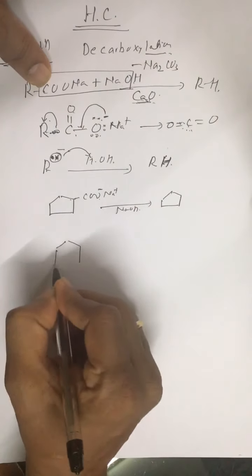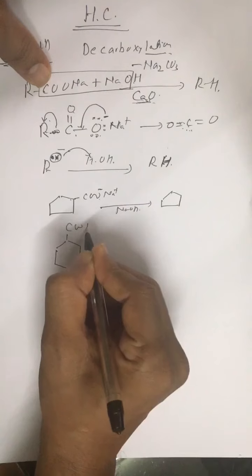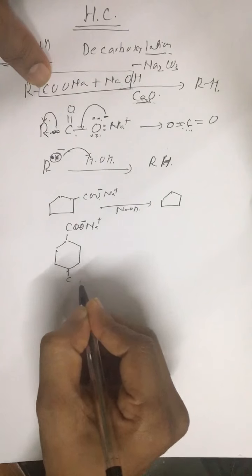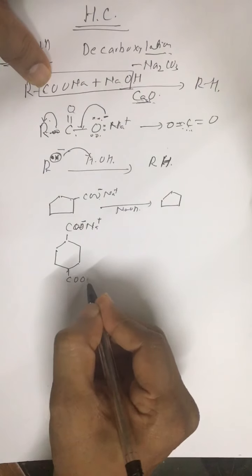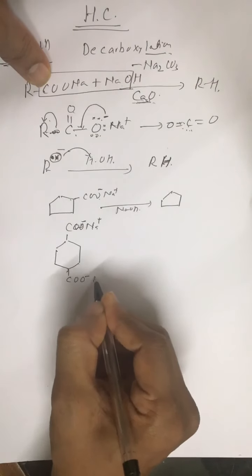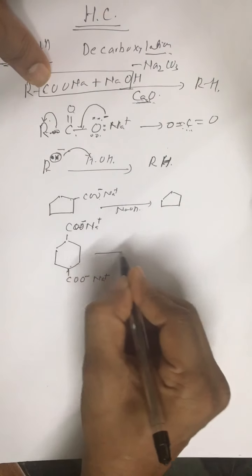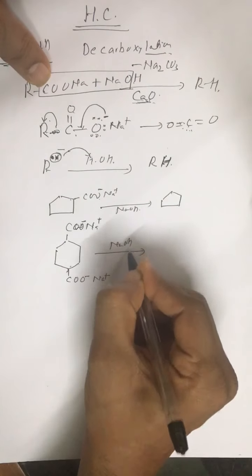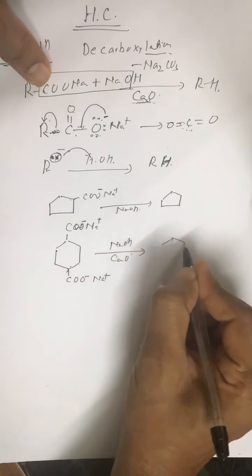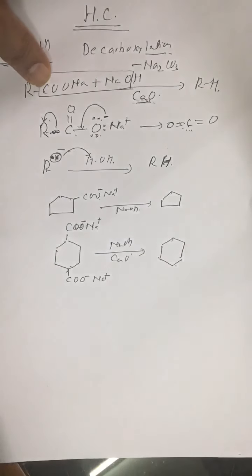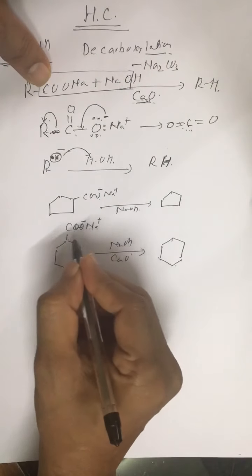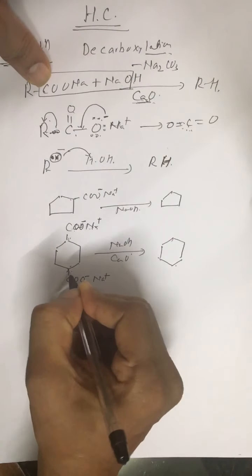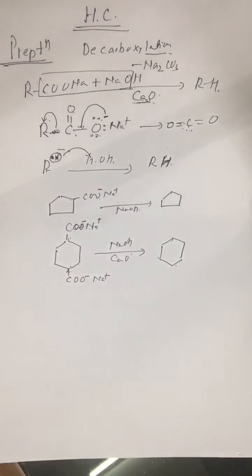Or we have sodium cyclohexane 1,4-dicarboxylate. If it is treated with NaOH and CaO soda lime, what we get is cyclohexane. The point where we have the COO negative becomes negatively charged, and then we get the product.